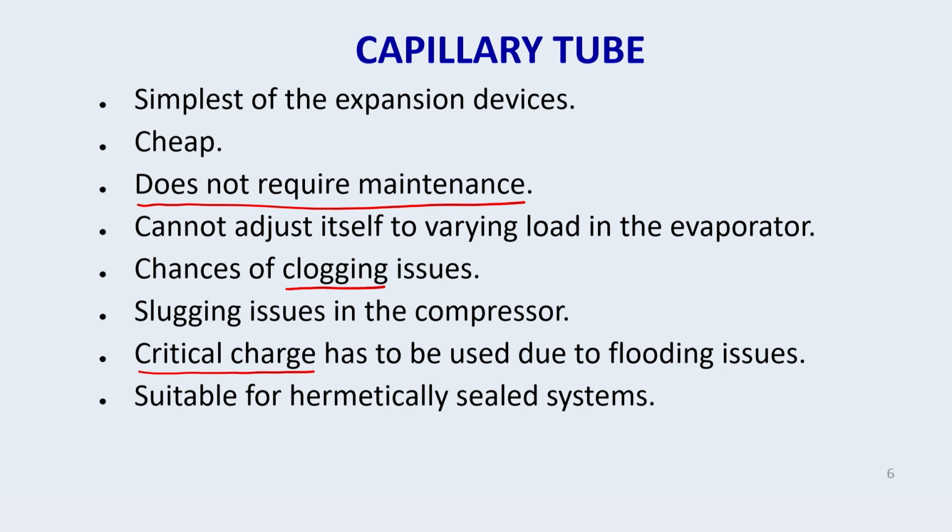Critical charge is the amount of refrigerant in the evaporator up to its brim. Once we have a critical charge, the liquid refrigerant will not overflow out of the evaporator. And this is suitable for hermetically sealed systems.